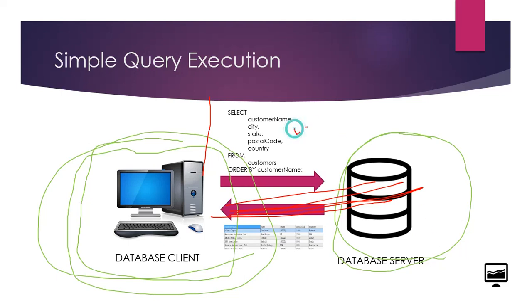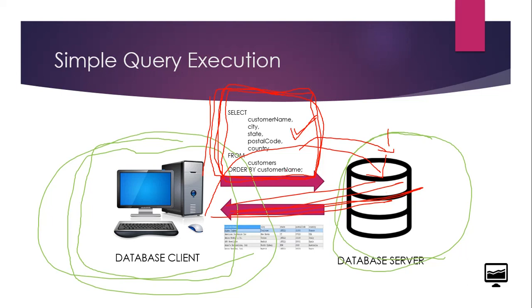Here in our case, the size of this query is very small, so it does not affect. But consider if the query is thousands or lakhs of lines of code, then what will happen? It affects the performance, because due to the slow network, some lines of code can reach the server and some might get lost. So again, the database client has to generate the request.